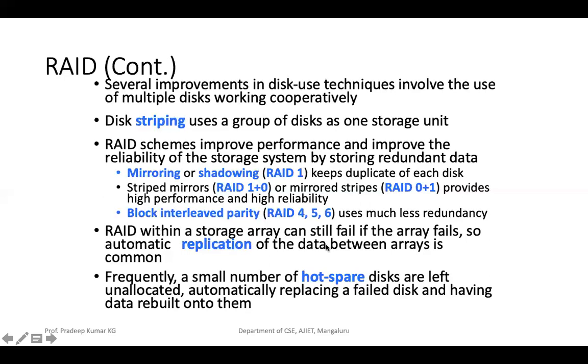RAID within a storage array can still fail if the array fails. So automatic replication of the data between arrays is common. What I mean by this particular terminology is, if one particular disk fails, automatically the data replication happens. Whenever you purchase a new disk and put it in the previous disk position, we have a data replication program that is readily available.